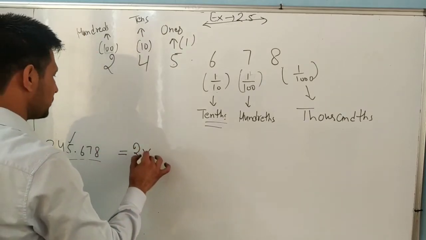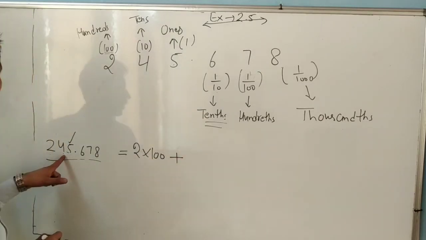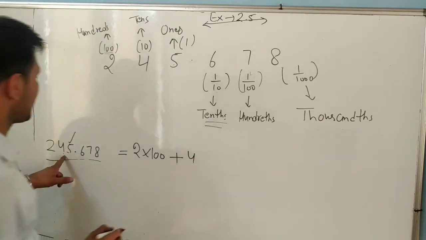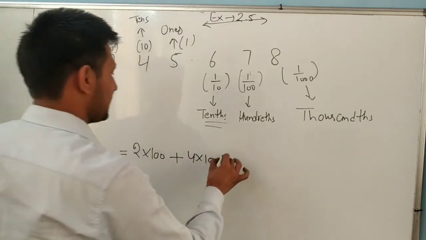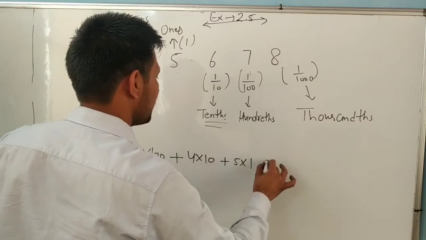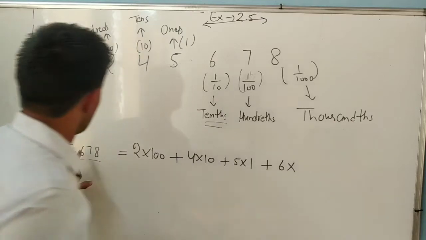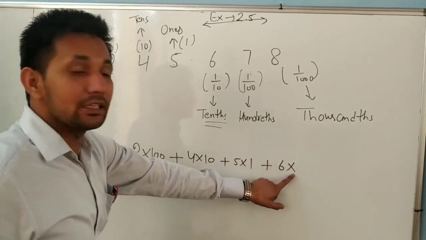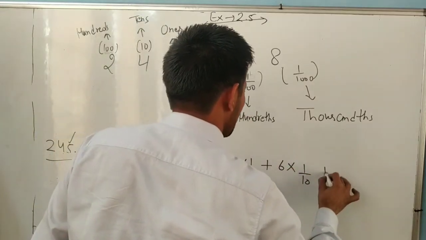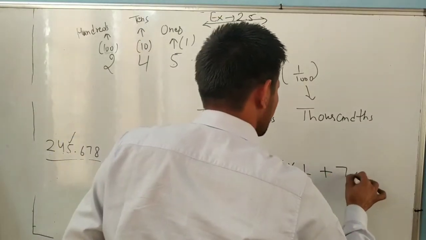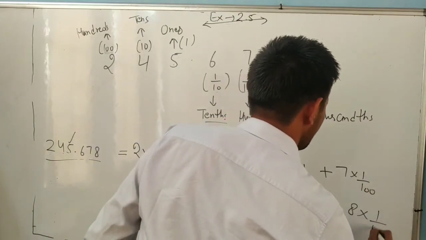So 2 into 100 plus 4 into 10, plus 5 into 1, plus 6 into 1 upon 10, plus 7 into 1 by 100, plus 8 into 1 by 1000.